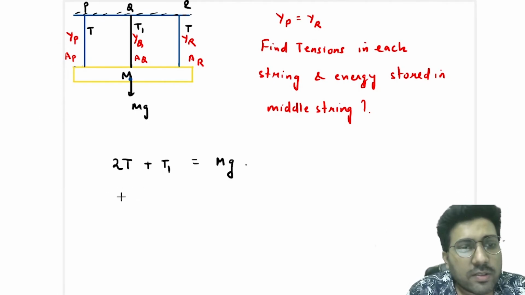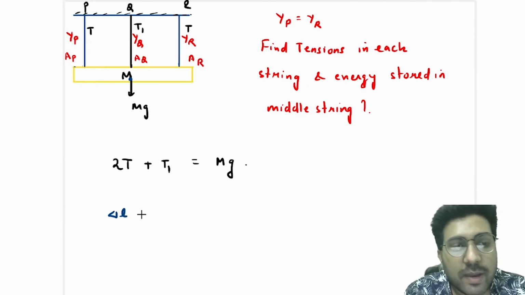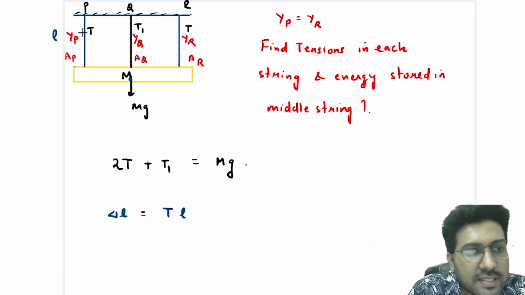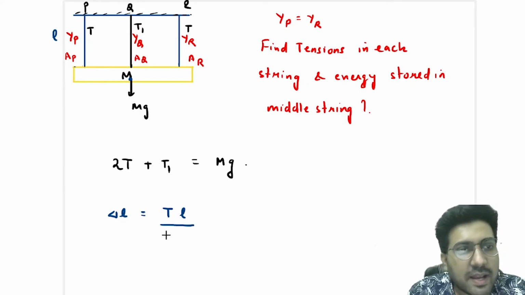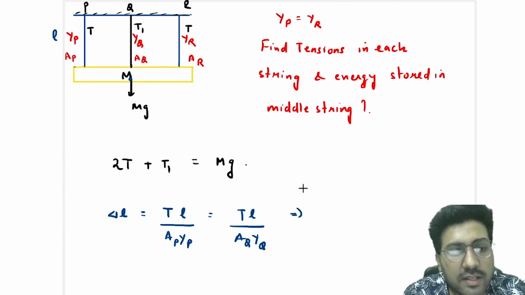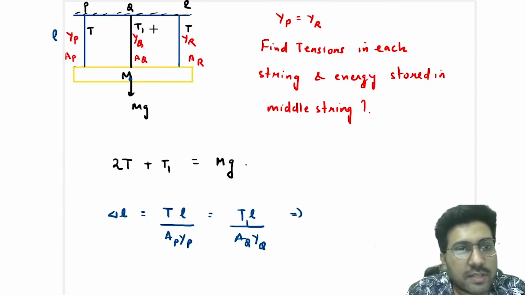Also, because the elongation of each wire is same, we can write delta L is FL by AY, right? So suppose the length of each wire is L, so TL divided by APYP has to be equal to T1 L divided by AQYQ, because this tension is T1.